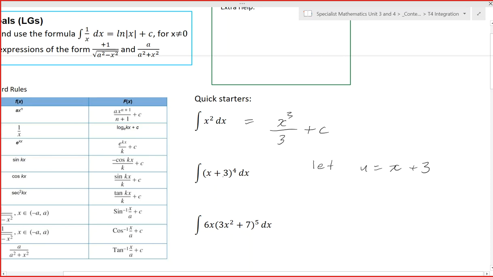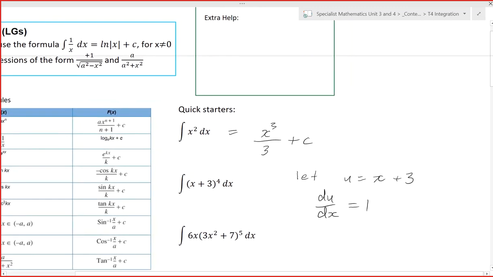So once you've made that stuff inside the brackets to one letter, we want to find the derivative of that. So the derivative of that is 1. Now, if you didn't do this in methods, I don't know if you did, you may be wondering why we're doing this. Sorry, we want to get dx by itself so we can substitute du in.